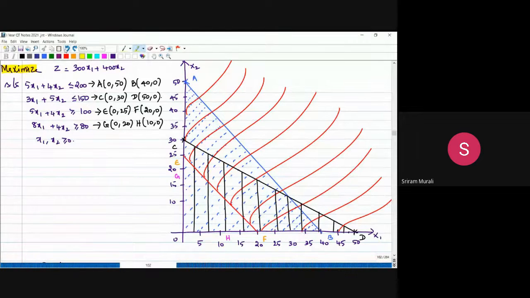So what is the last line? G and H. Okay, G is here, H is here. Take G as 20 and H as 10.